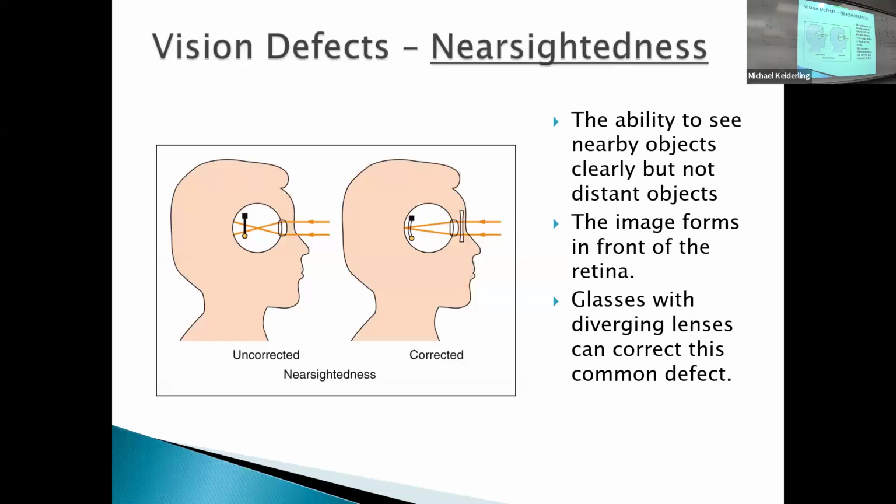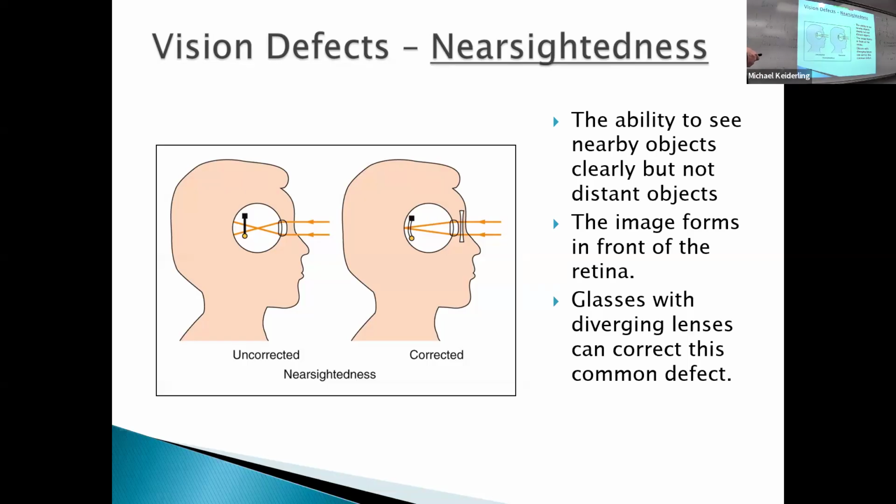So glasses with divergent lenses can correct this common defect. This could be a problem with the shape of your lens or a bunch of things.